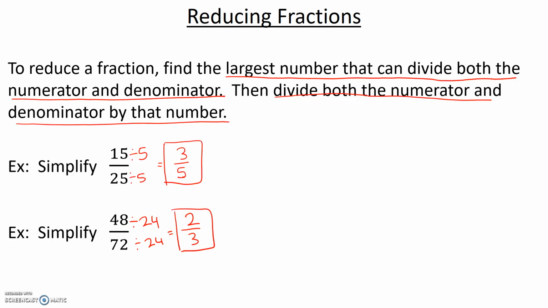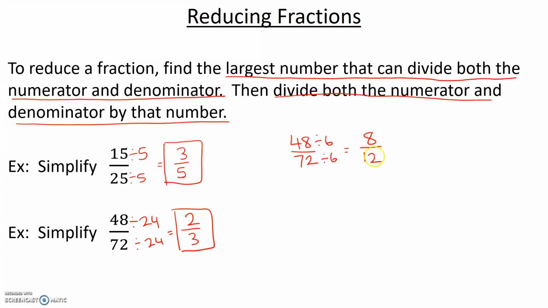Now let's say by mistake you take 48 over 72 and you mistakenly divide by 6, which is not the largest number that can divide 48 and 72. Here's what would happen. 48 divided by 6 is 8. 72 divided by 6 is 12. We would get 8 over 12. Now, at each step, we have to determine is 8 over 12 in the simplest form.